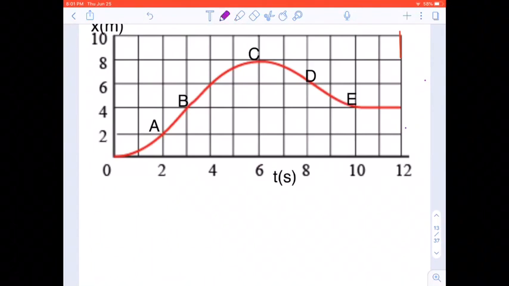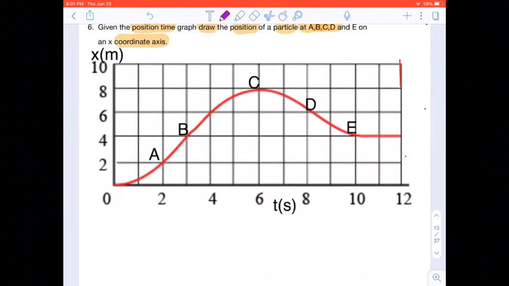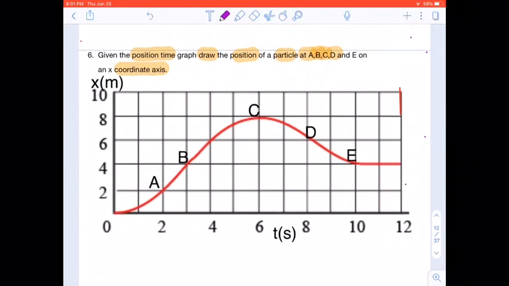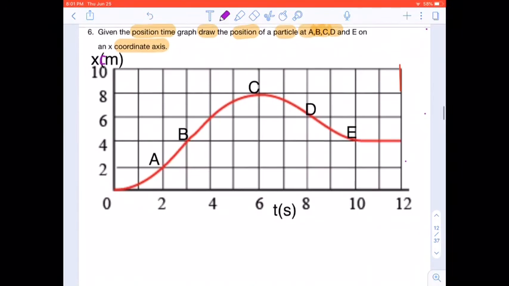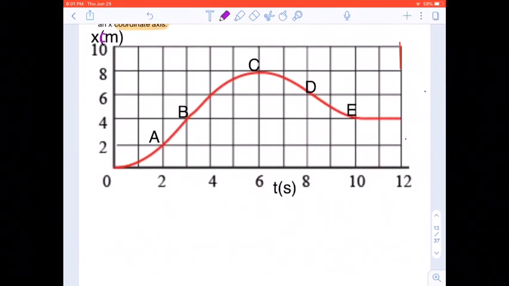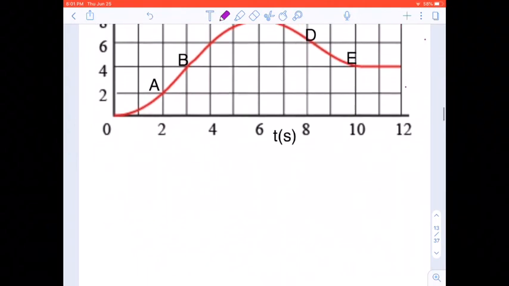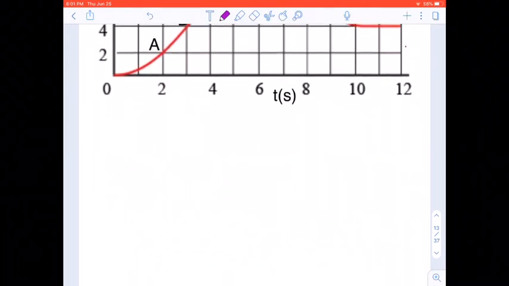So if we have this here, it should be centimeter, and now here you're given the position time graph. We need to translate this into a coordinate line.